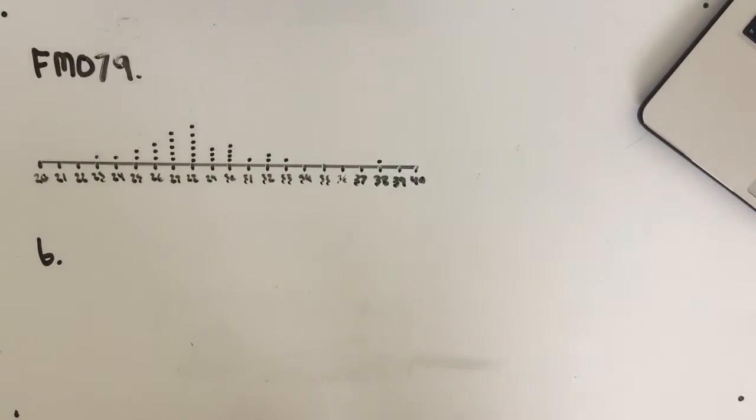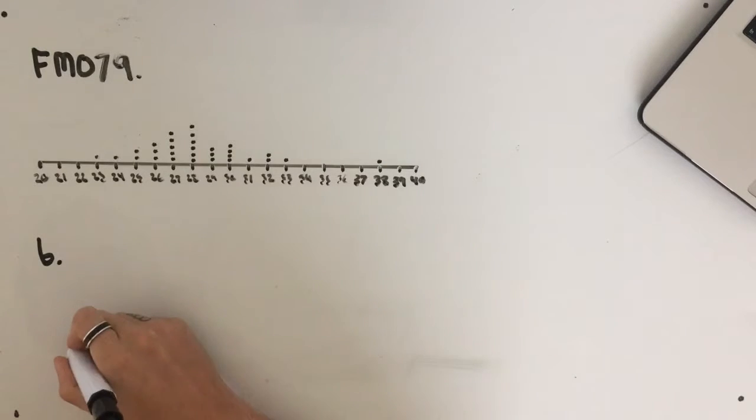With questions like this, it's basically assuming knowledge of the 68, 95, 99.7 rule, so let's draw a quick little bell curve here.